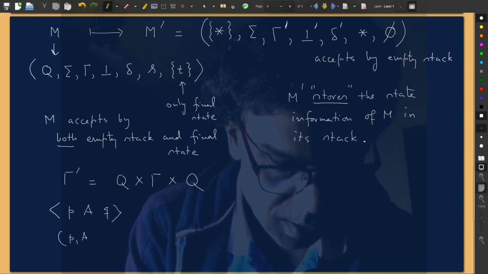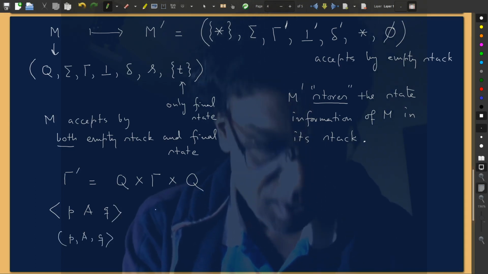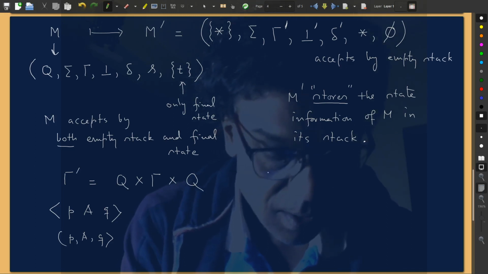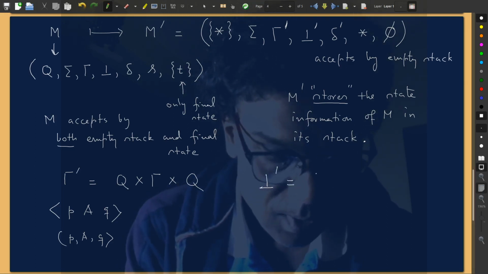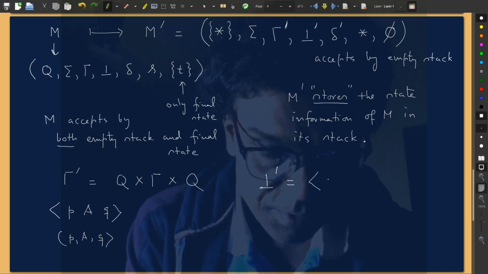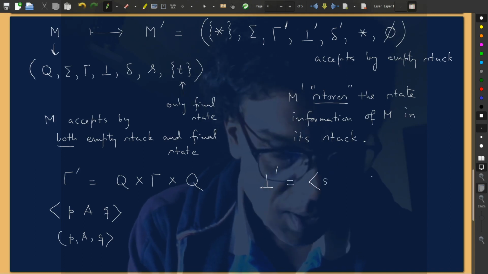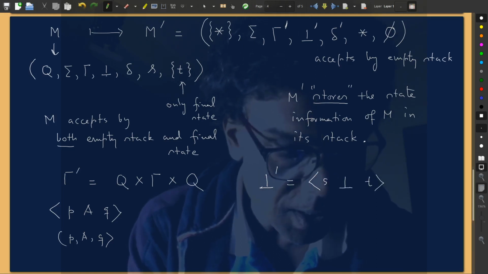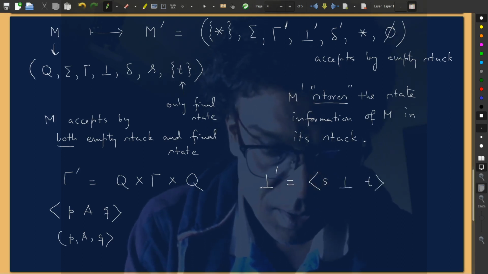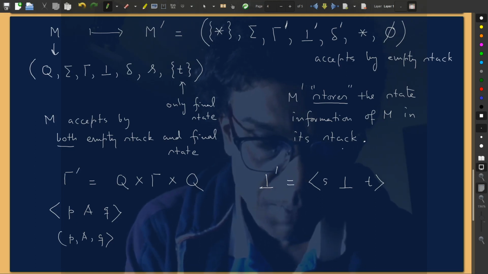This means this. And then I will take this equal to the start state of this machine. The start state is S and the last state is T, and the stack symbol is the bottom marker. This I will take as the initial bottom marker for this.